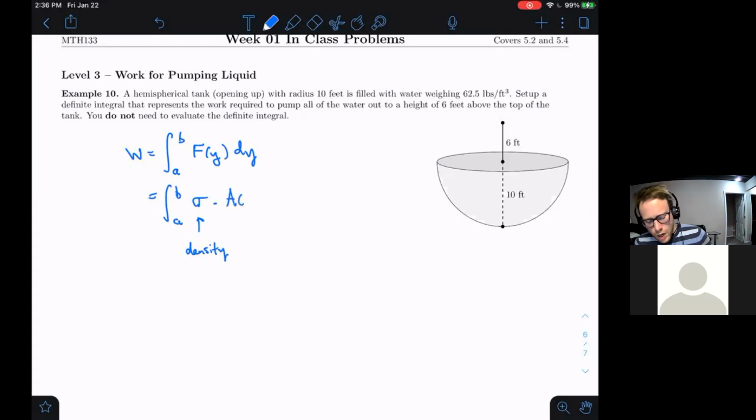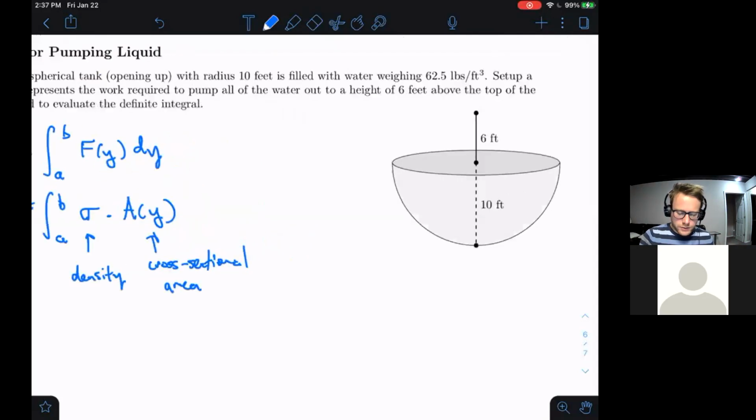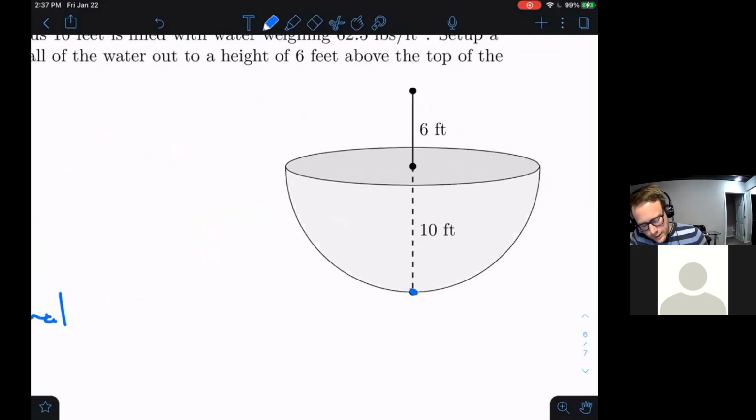You need to know the cross-sectional area. And this may change. In particular, for our situation here, for different y values, let's say that this is going to be at y equals 0, and this is going to be at y equals 10.